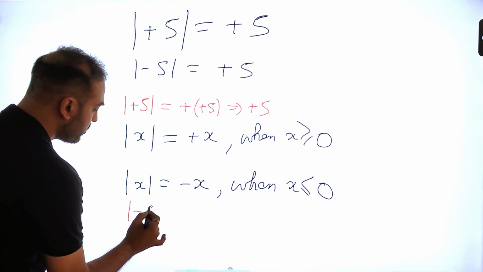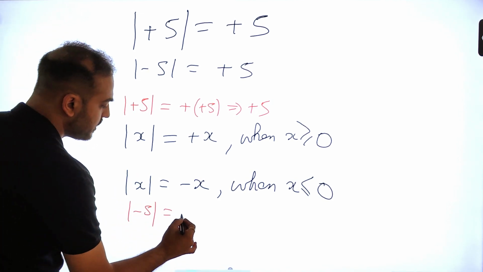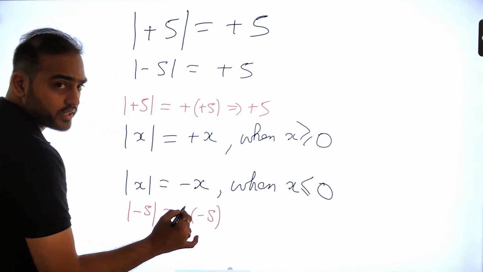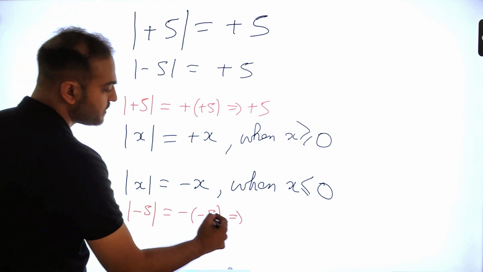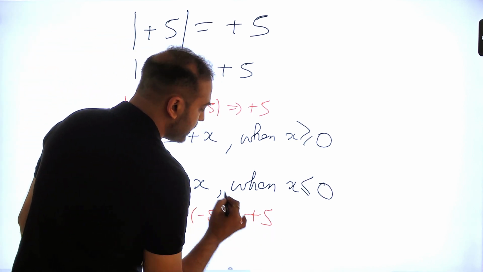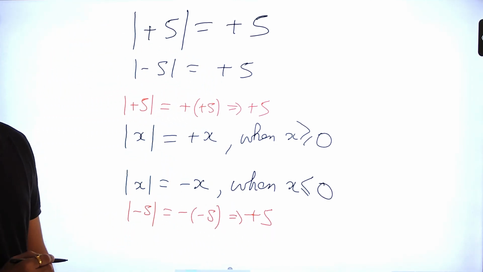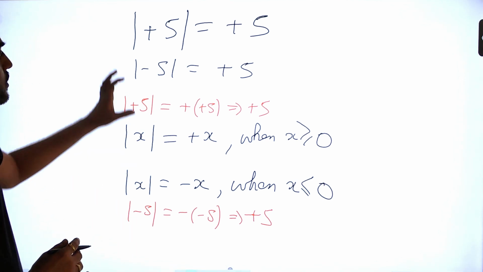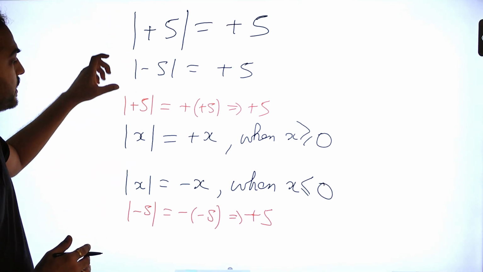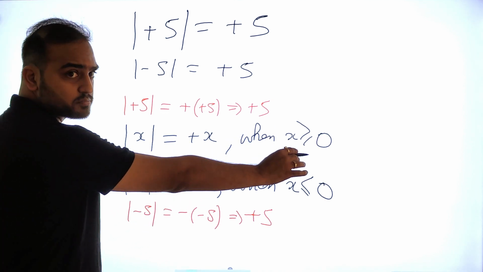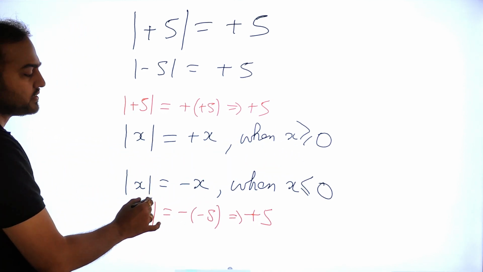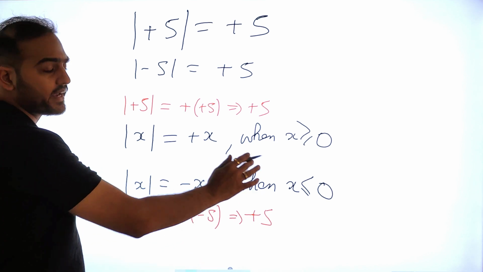Similarly, modulus of minus 5 is minus of minus 5, because x is negative. Negative into negative is again positive, and the answer becomes plus 5. So what do we understand? Modulus of x is plus x when x is positive, and modulus of x is minus x when x is negative.